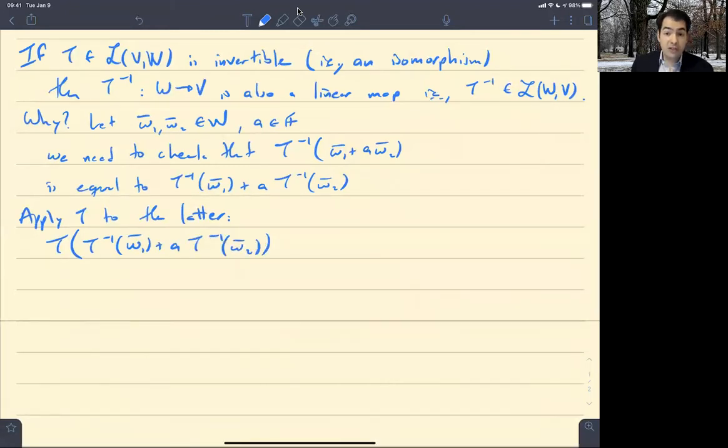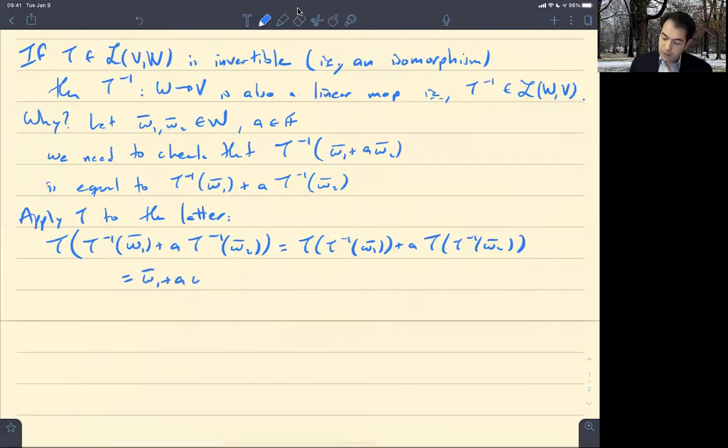Okay, now because we know that T is linear, this is equal to T of T inverse of W1 plus A times T of T inverse of W2. And now by definition, T of T inverse is just the identity. So we end up with just W1 plus A times W2.